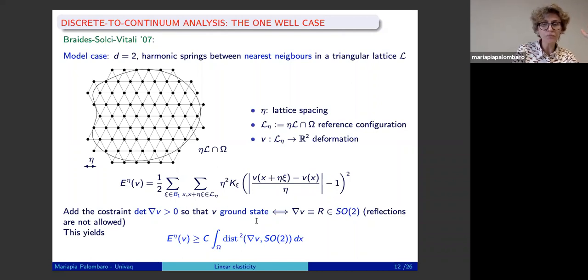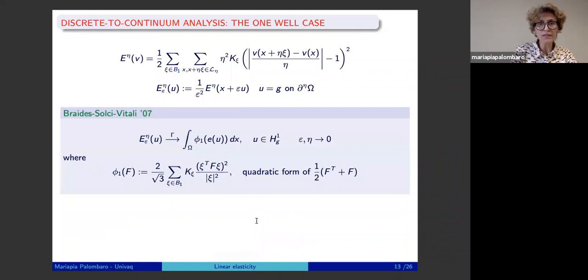And what they prove is that, imposing boundary conditions for the displacement and after rescaling the energy, the energy Gamma-converges to a continuum limit, which is an integral functional with density phi1, and they give you a formula for phi1.